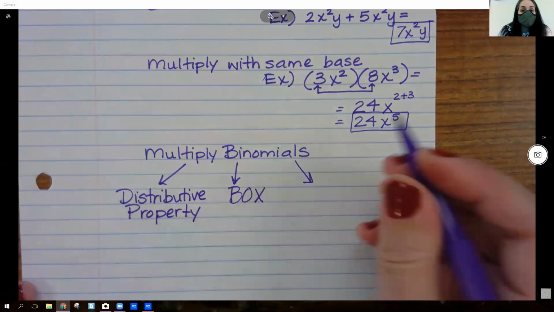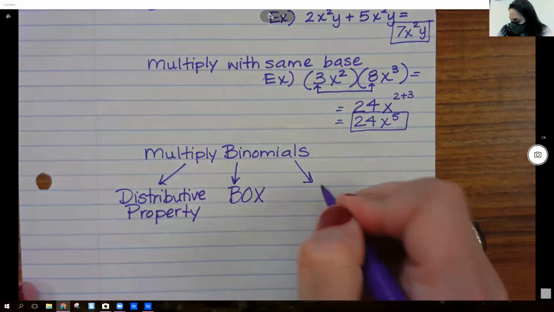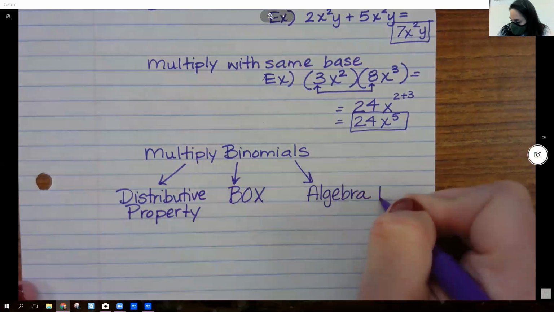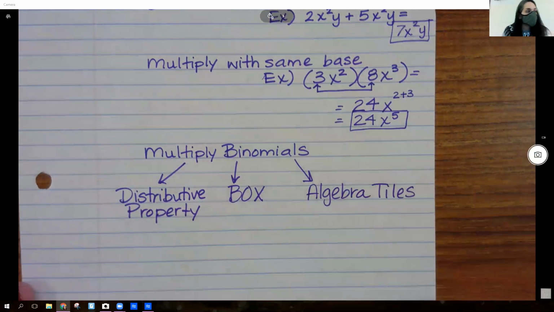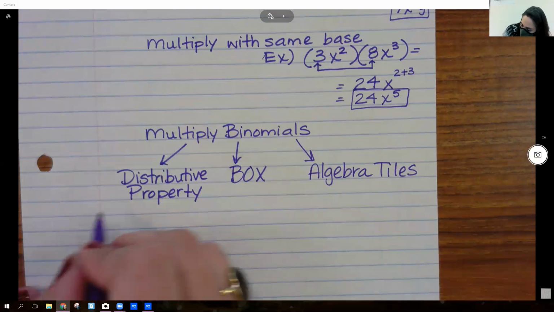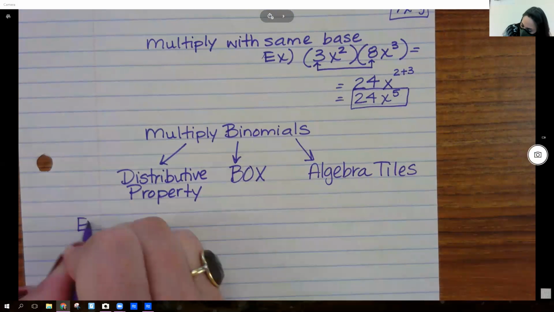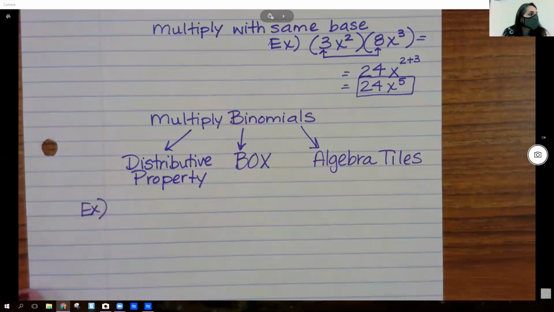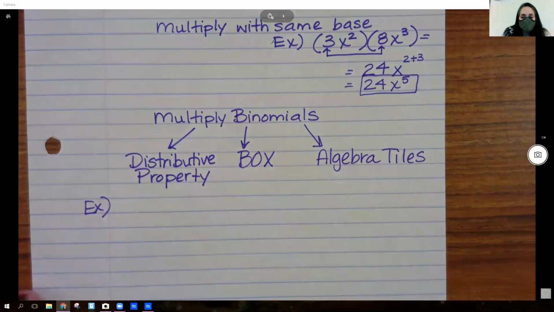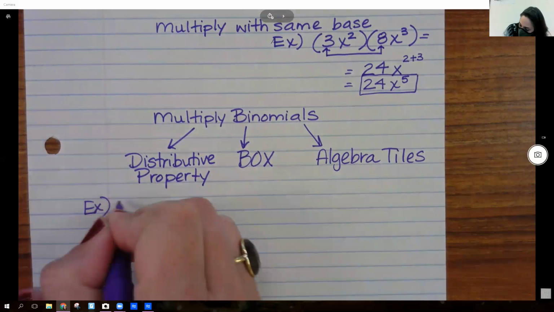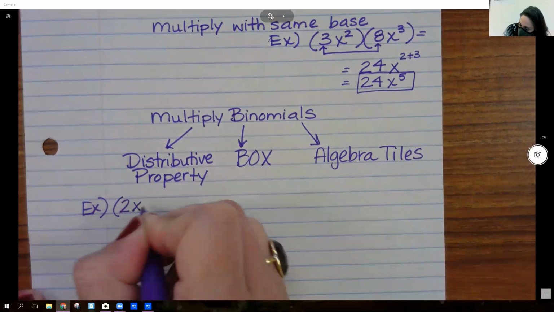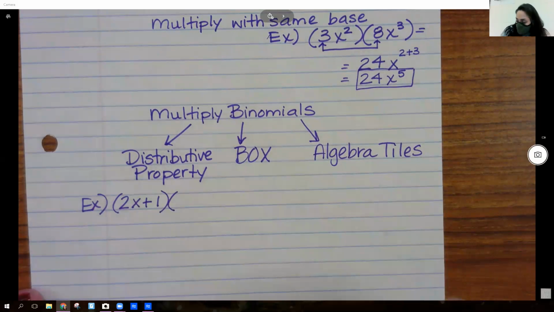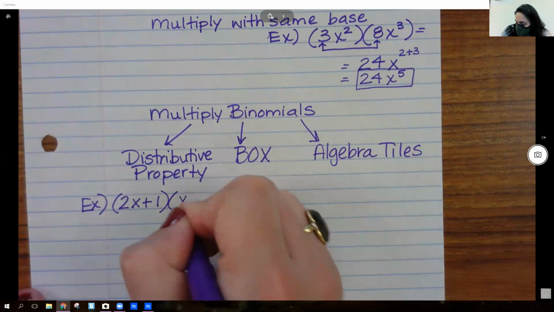And the third way is what we did yesterday in Desmos as a live class, and that is with the algebra tiles. So I'll do an example that shows all 3 of those ways. Let's see, what would be one that would be not too bad? How about 2x plus 1 times, we'll keep the numbers little, x plus 3.